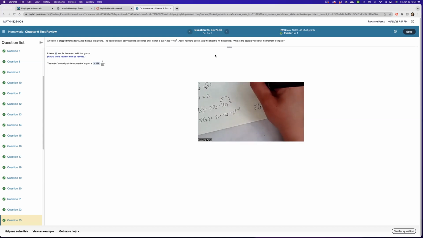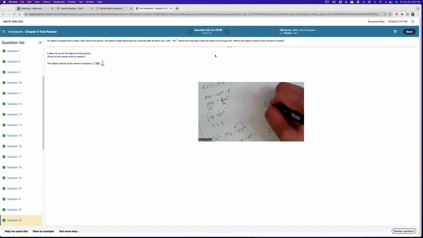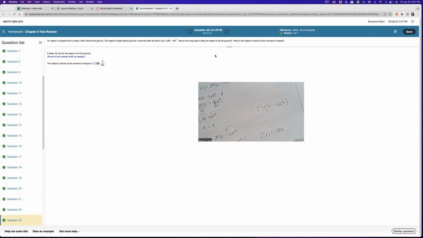So we're going to evaluate s prime at 4, which is going to equal negative 32 times 4, which is going to give us negative 128. So the object's velocity at the moment of impact is negative 128 feet per second. Okay. Next question.